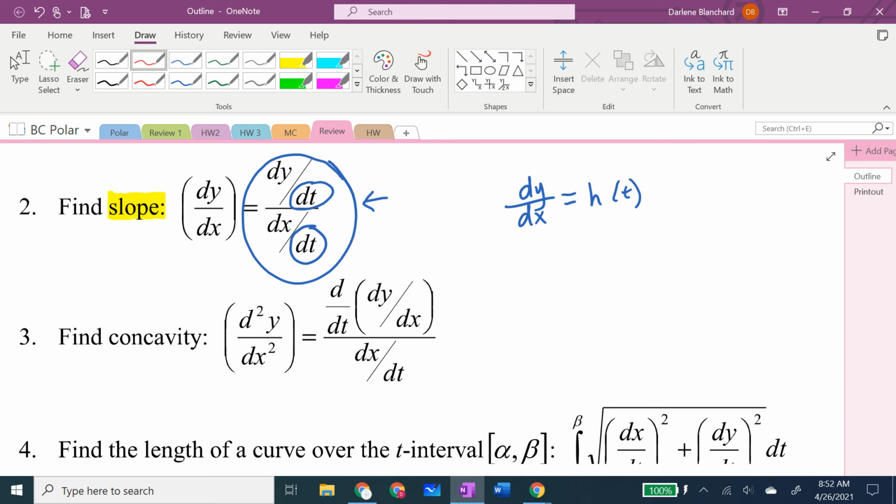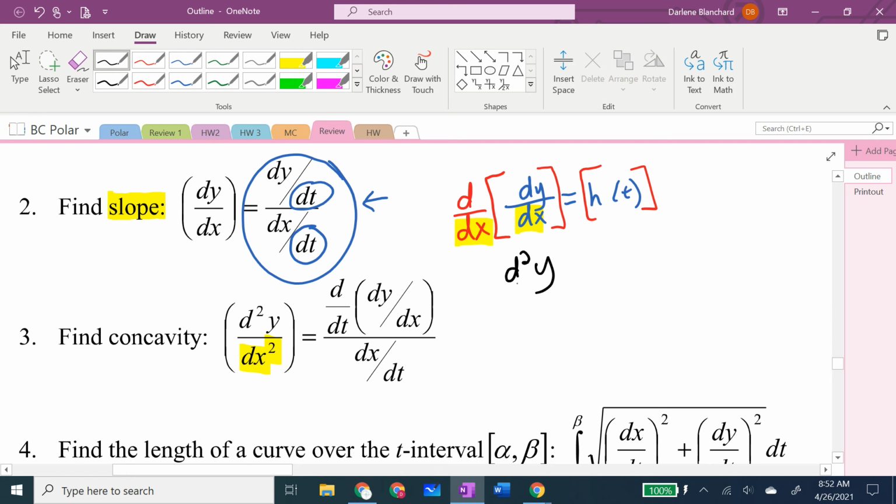In order to get to the second derivative, I have to differentiate with respect to x in order to get that second derivative with respect to x. Now, over here, you're taking the derivative with respect to x, but your input variable is t, not x.